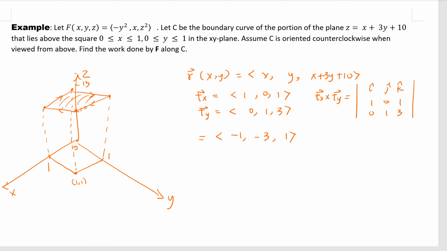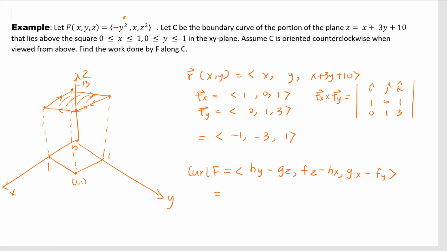Okay, and then let's continue. And then we also need to compute the curl of F, okay? So what is the 3D curl of F? Well, if you can remember, that is (h_y minus g_z, f_z minus h_x, g_x minus f_y).